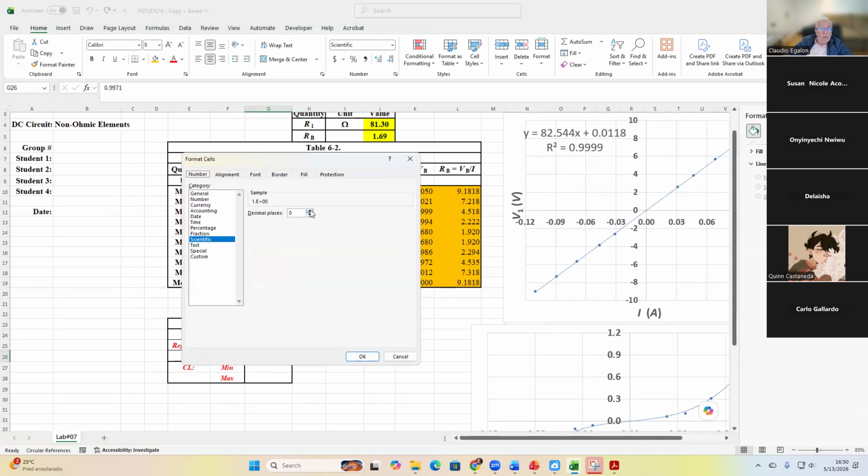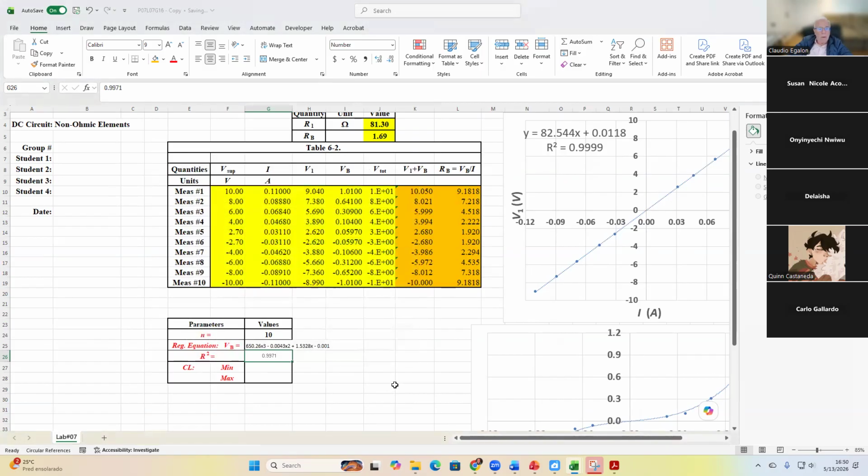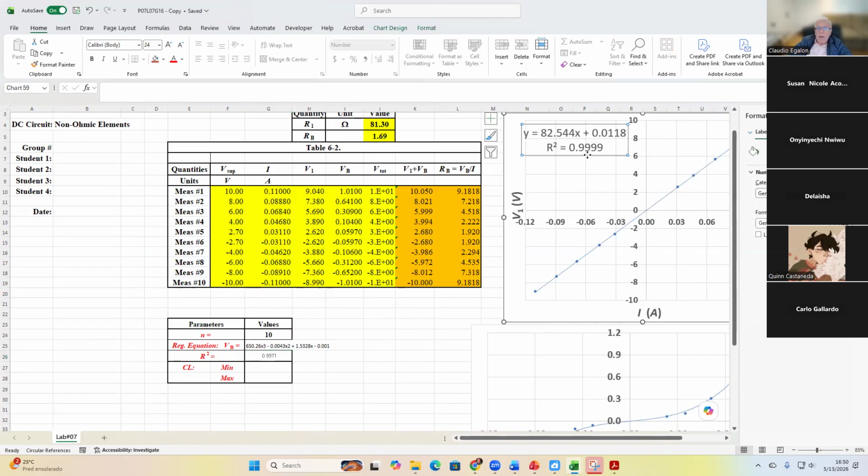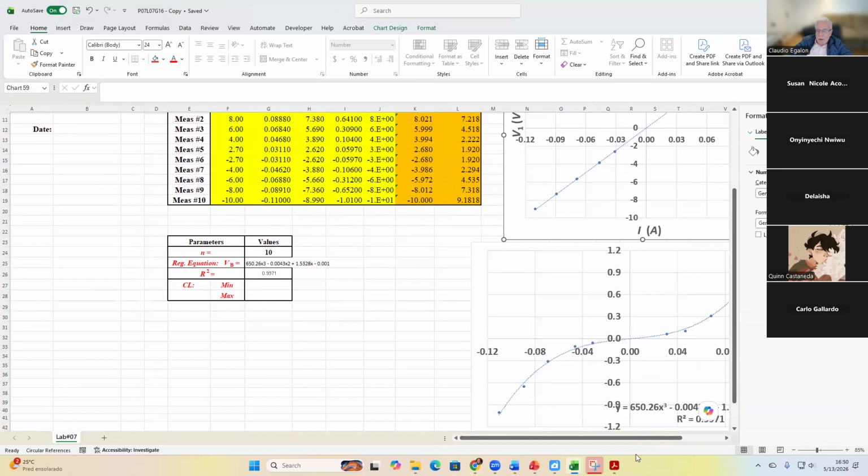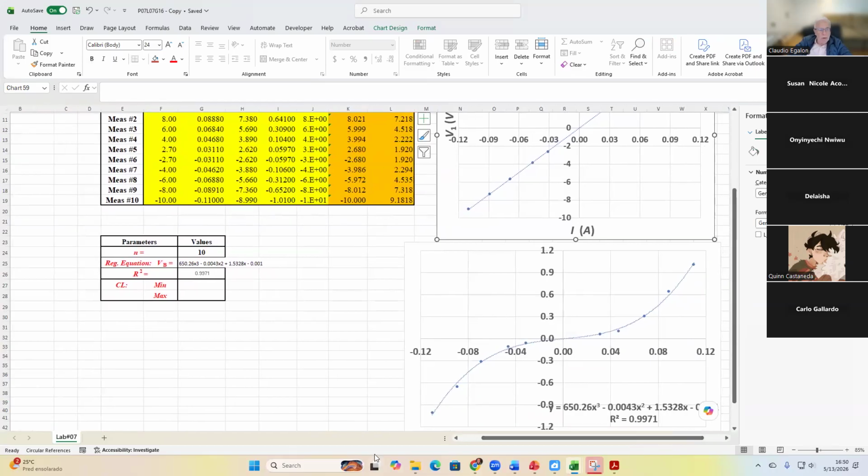I gotta put it 4 decimal places, but I want numeric format. Why do I have 9999 here? Oh yeah, that's because I'm looking at the wrong graph. Okay, so first you have to write down the number of data points and the R square, right?